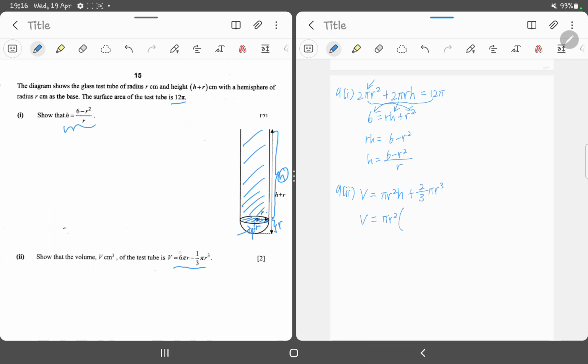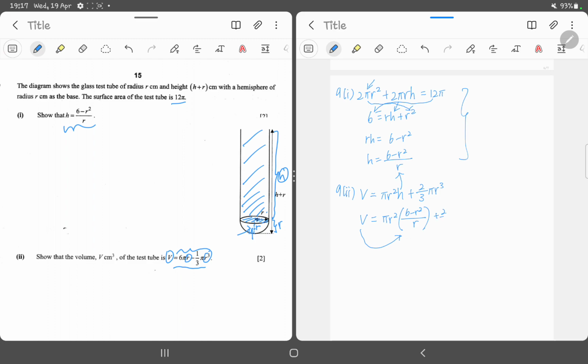Take note that here V must be expressed in terms of r. That's why in part 1 the question tells us to make h the subject, because now we can substitute h with 6 minus r squared over r, so we can express the volume in terms of r only.